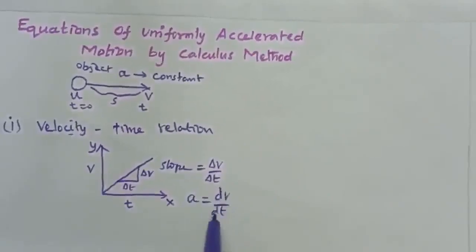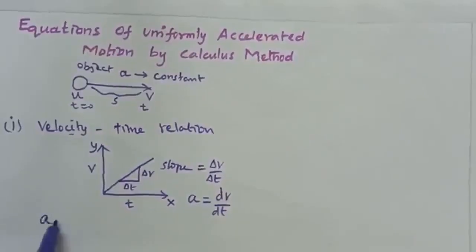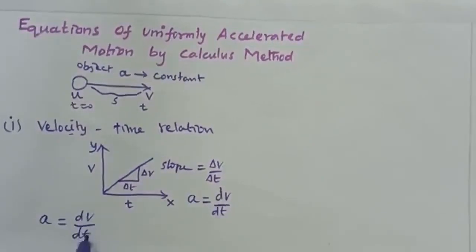So students, the acceleration of a body at any instant is given by the first derivative of the velocity with respect to time. Therefore a is equal to dv by dt.